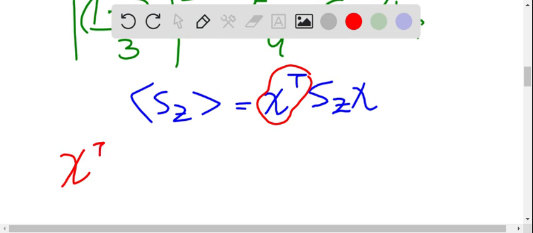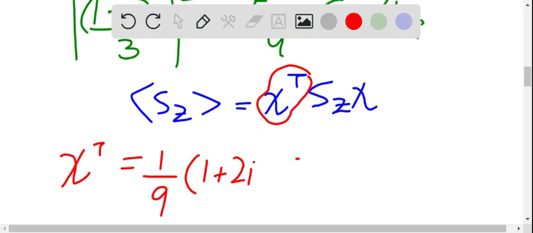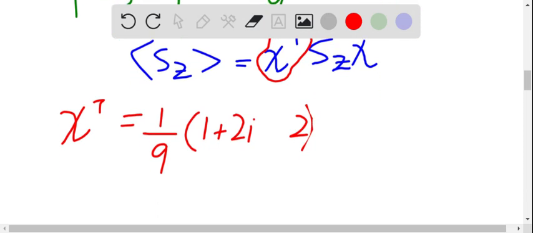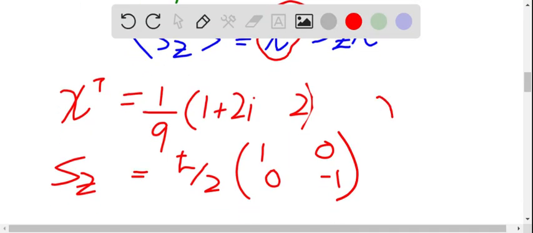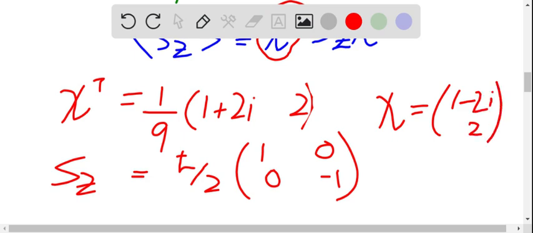In this case chi dagger is equal to 1 divided by 3 times (1, plus 2i, 2). S sub z is equal to h cross divided by 2 times the matrix (1, 0; 0, negative 1), and chi is actually given, that is (1, negative 2i, 2).